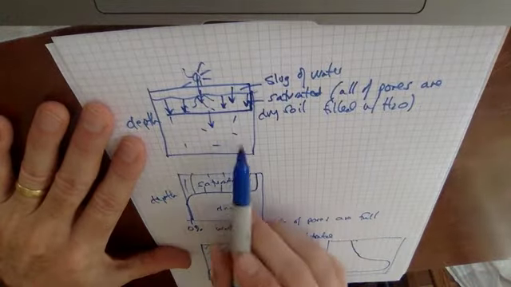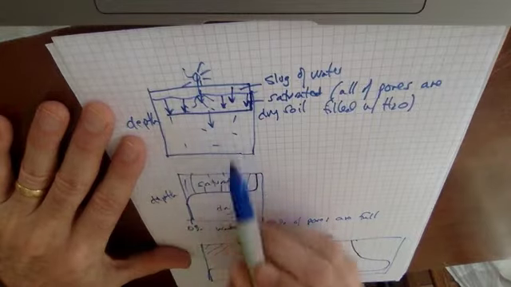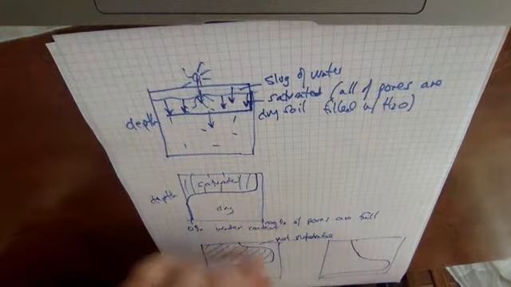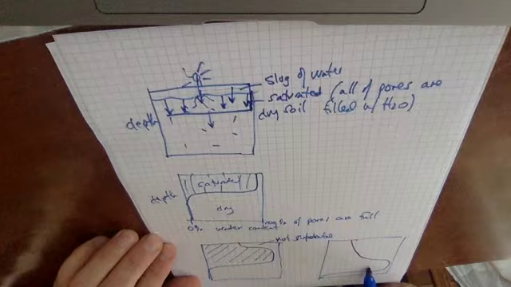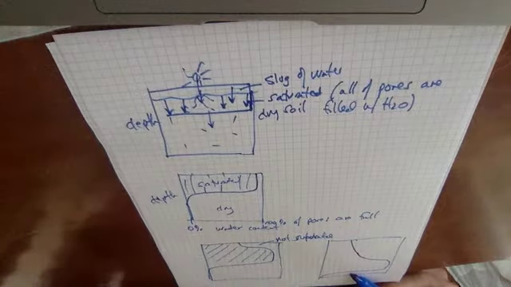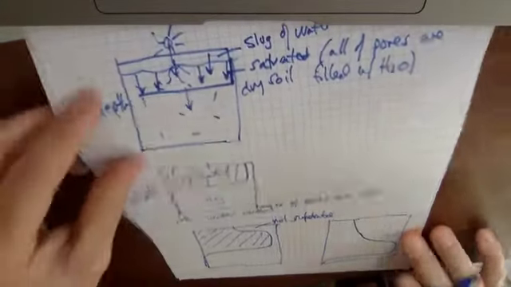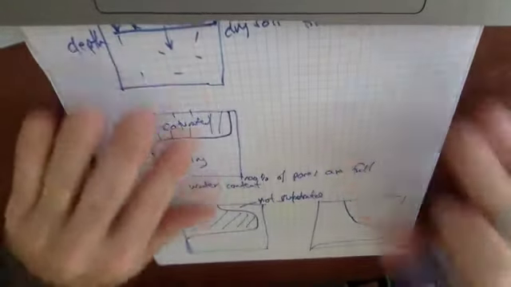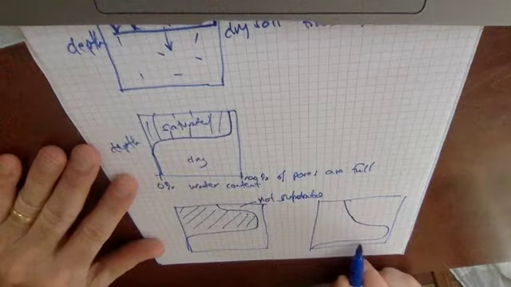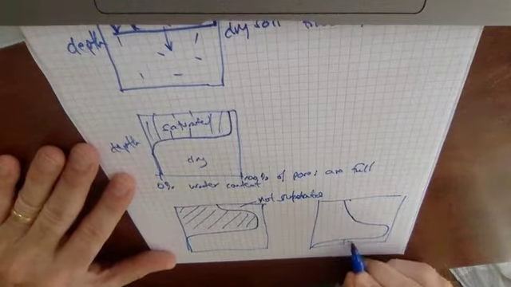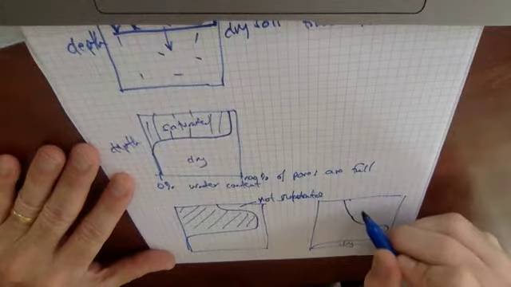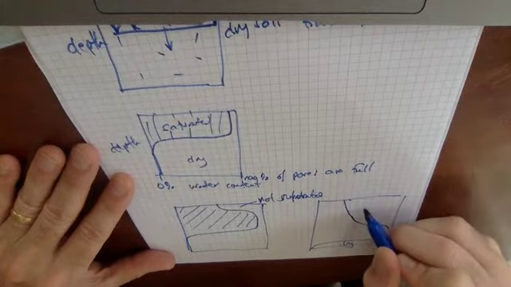So what you can see essentially is that this slug of water that we put on top is migrating down from here to here to here, and below it the water hasn't gotten there yet, so this is still dry. Above it the water has to some degree drained out.